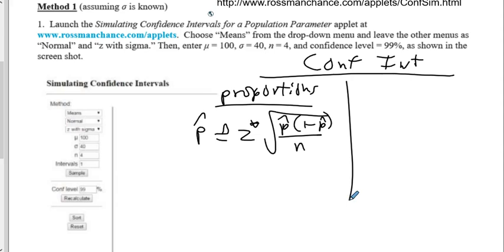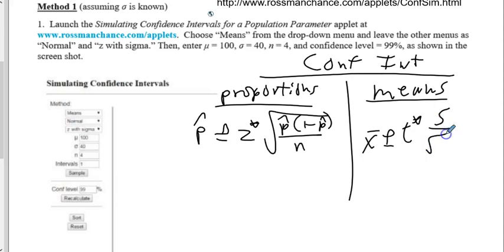So we're going to introduce a new concept here, and we're going to be dealing with means. Averages, means. So we're going to deal with x bar, not p hat, x bar, average, plus or minus a new thing, the t-score, times s over the square root of n.